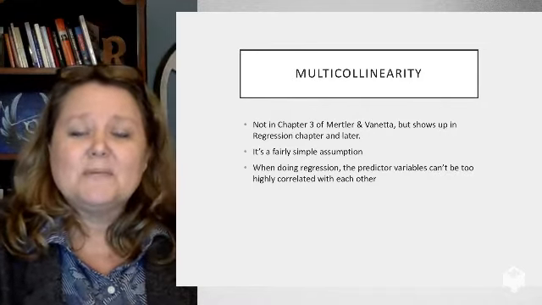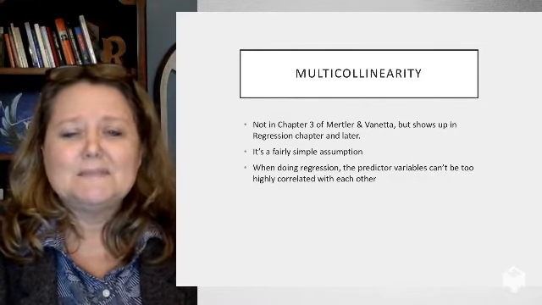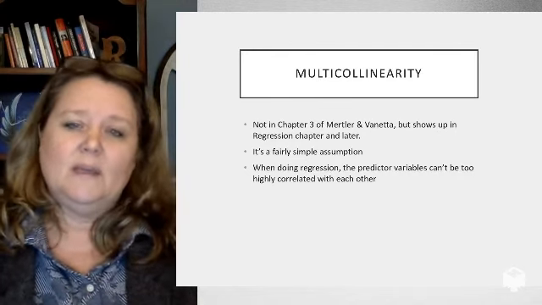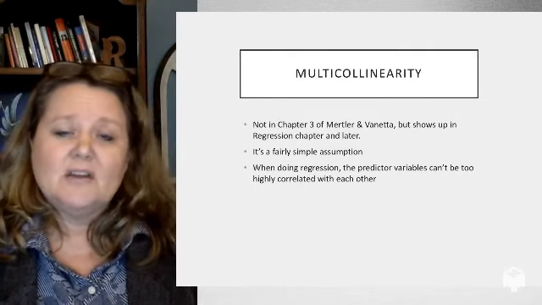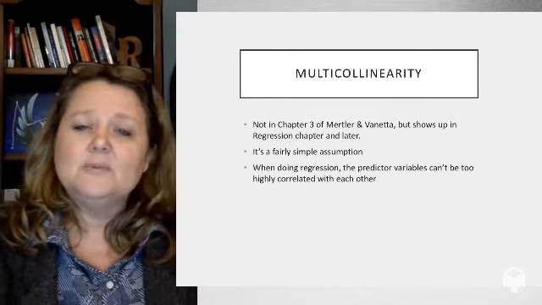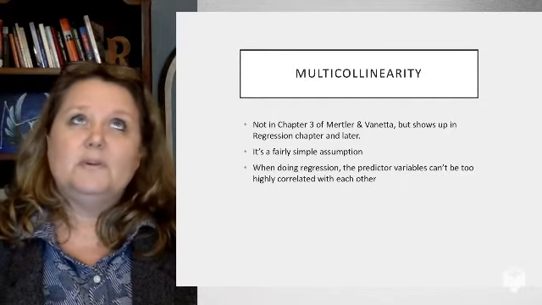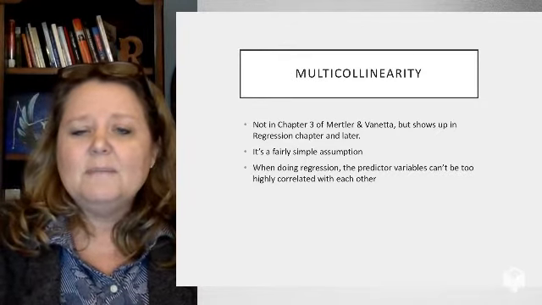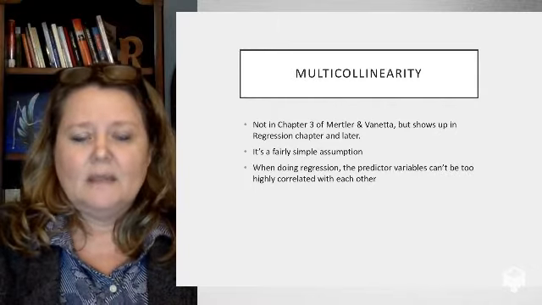It does show up in the regression chapter and some of the more advanced statistics in that textbook, but we will cover it briefly here, and then when we cover regression, it will come up again. It's a fairly simple assumption. It's not hard to understand. It's the idea that when doing regression or analyses where you have multiple predictor variables that are continuous, the predictor variables can't be too highly correlated with each other, right?